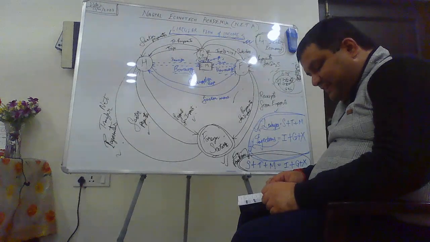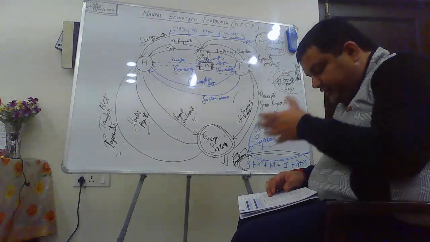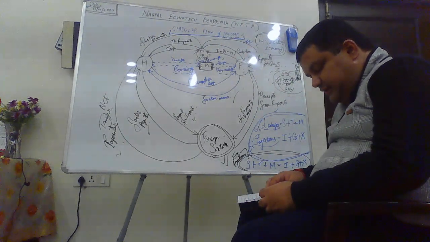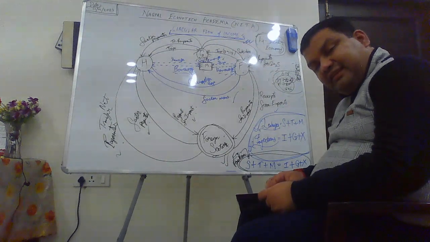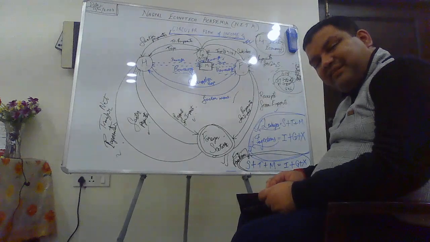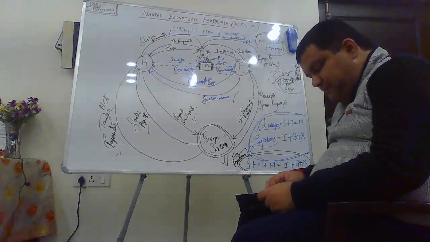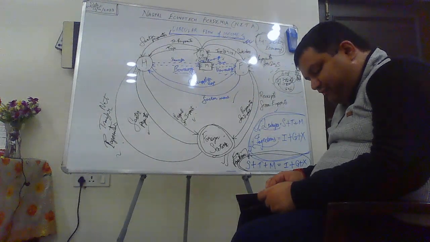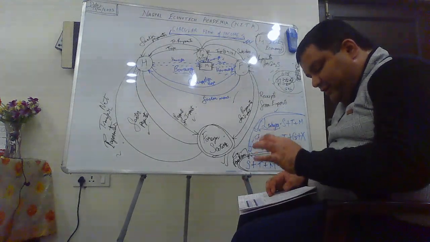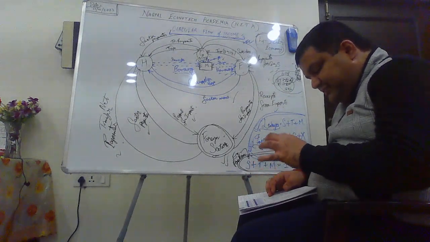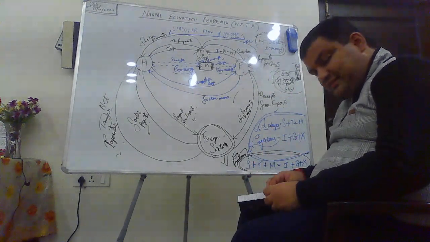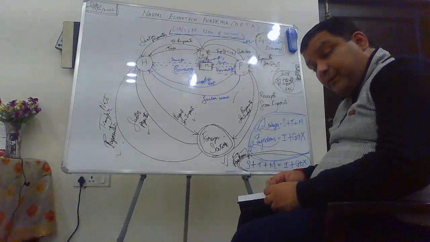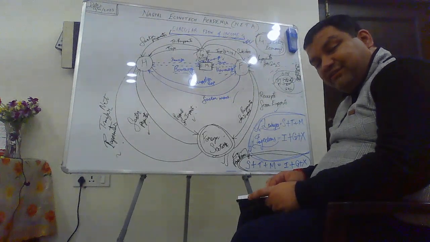Which of the following sectors is actually not included in the two-sector economy? Households, firms, government, or all of these? Government sector. Money flow involves exchange of A, goods and services, B, gifts, C, money, D, none of these. Money flow involves the flow of money.